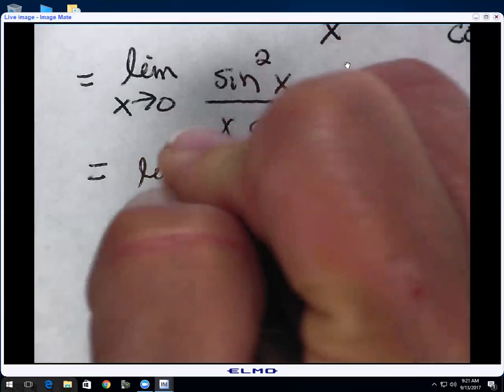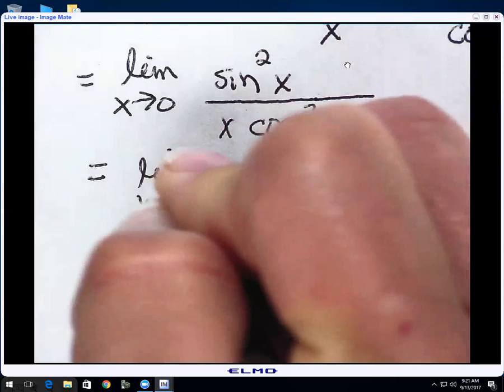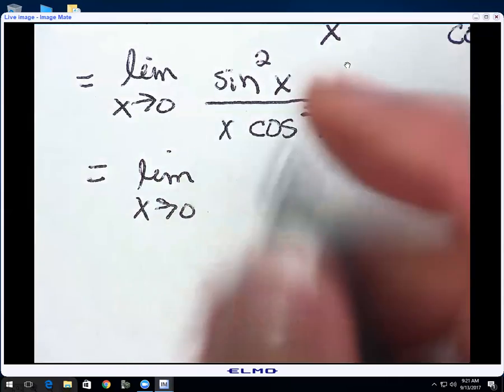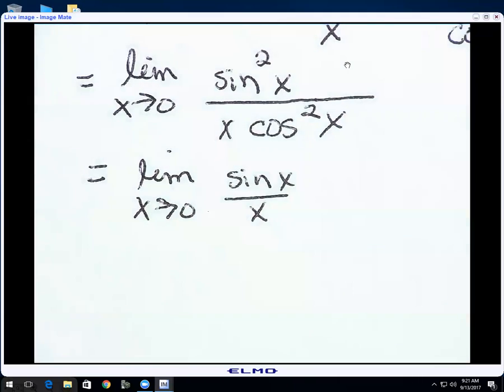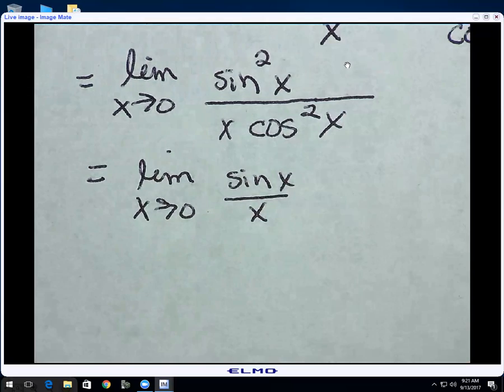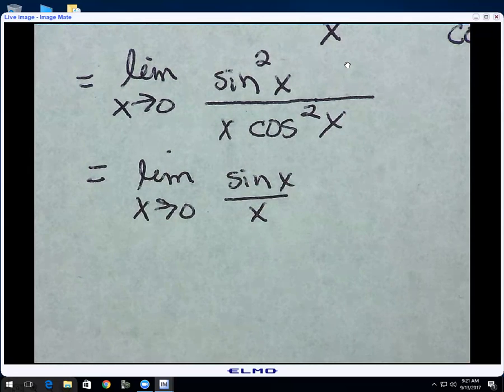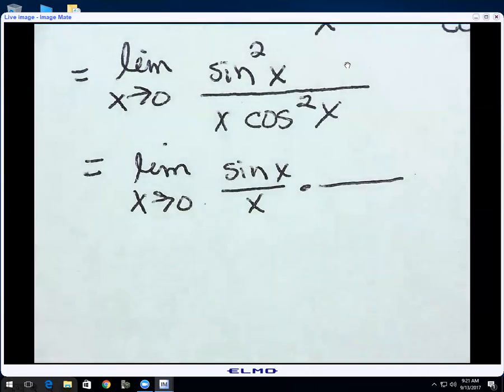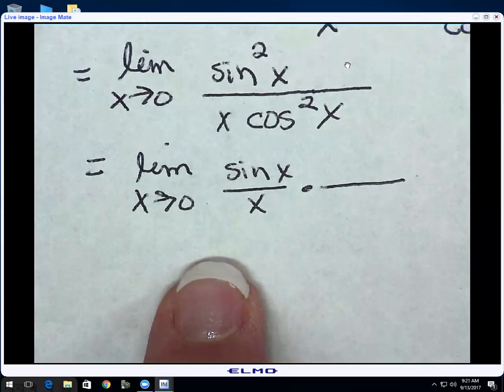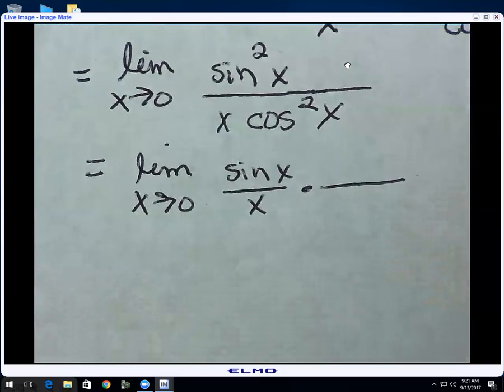I know that one of my special limits is the limit as x approaches 0 of sine x over x. So I can just write that down. I can pull it out because I know that's what I want to have. If I pull that out, then I can just say, okay, if I get what I want, what will be left? And you're exactly right.